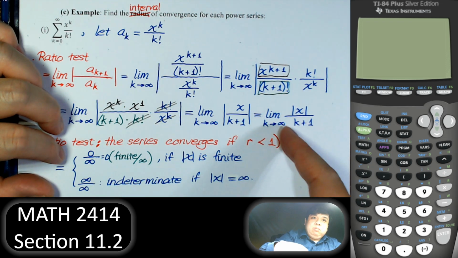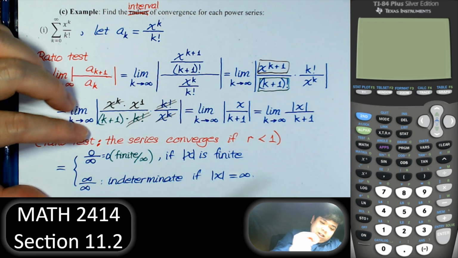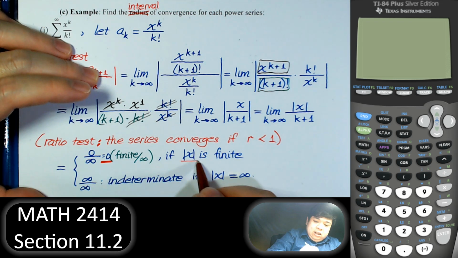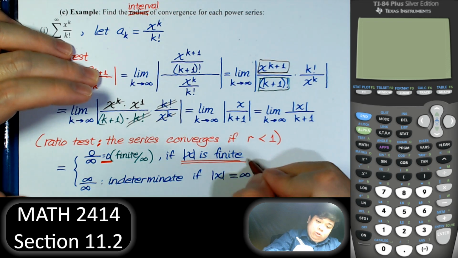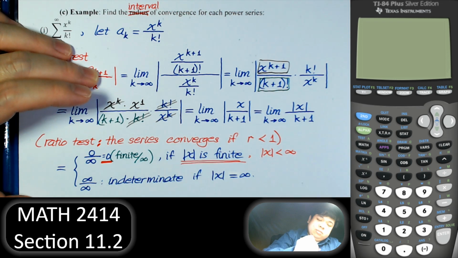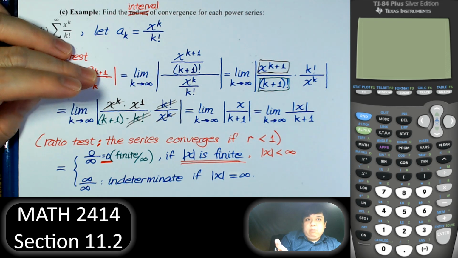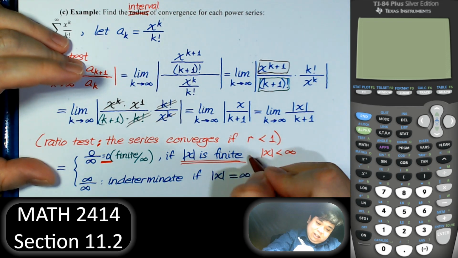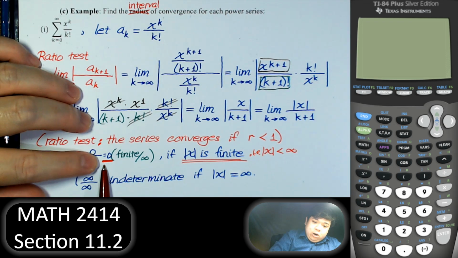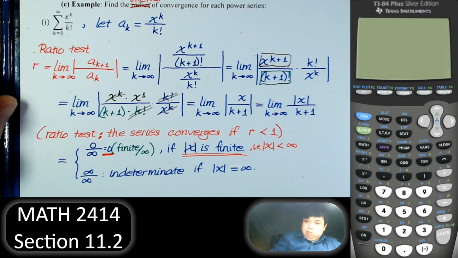So we have infinity over a constant and then just over infinity. But bottom line is, it doesn't matter. So that is equal to 0 if the absolute value of x is finite, meaning that the absolute value of x is less than infinity, because less than infinity is finite. So that ratio is equal to 0 if the absolute value of x is less than infinity.